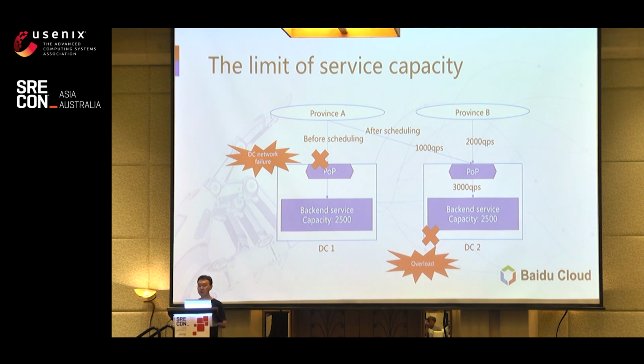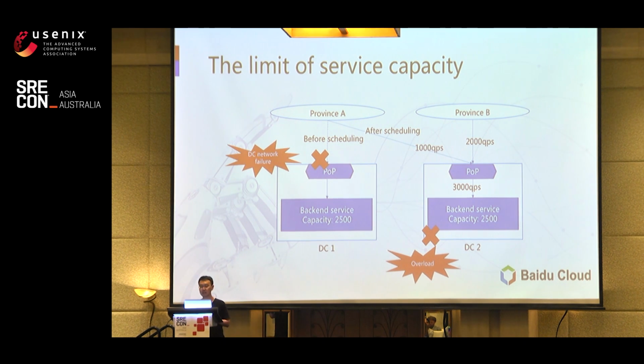But it still misses a problem. That is, the capacity of the backend service can be overloaded. In our previous example, when the POP network of data center 1 is down, GTC schedules requests from province A to data center 2. The 30 GB of requests will bring 1,000 QPS to the backend service in data center 2.